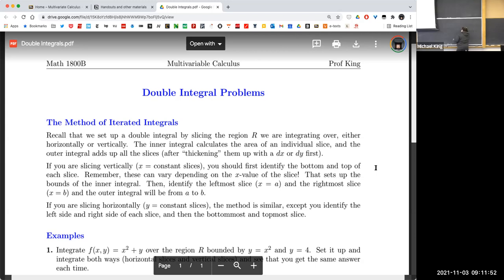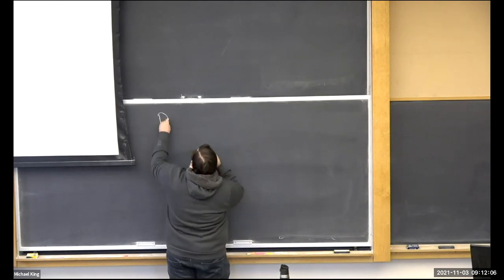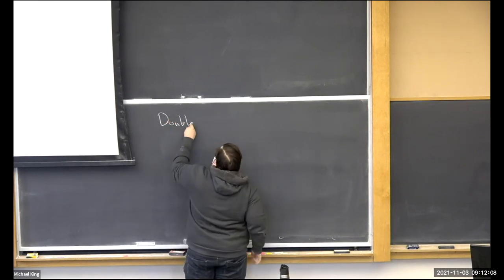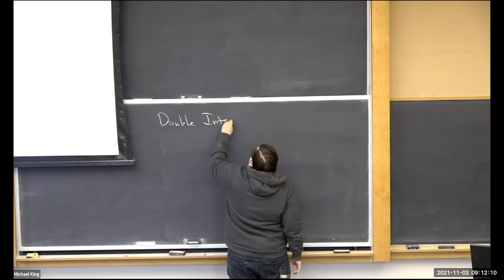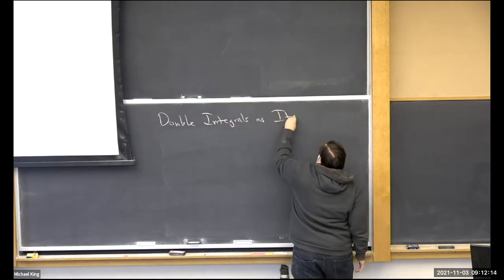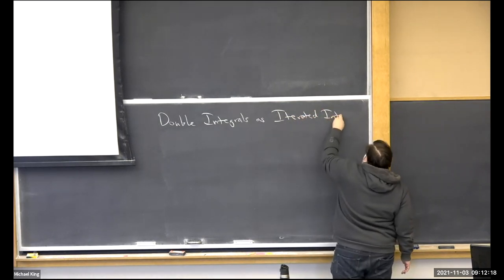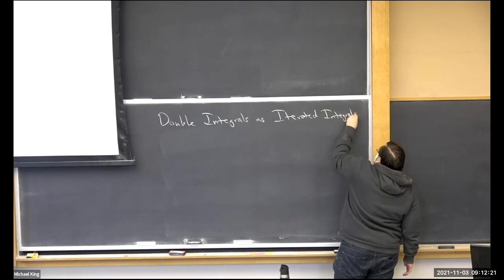So let's just remind ourselves where we are. We're talking about double integrals as iterated integrals, meaning we do two single integrals in a row.